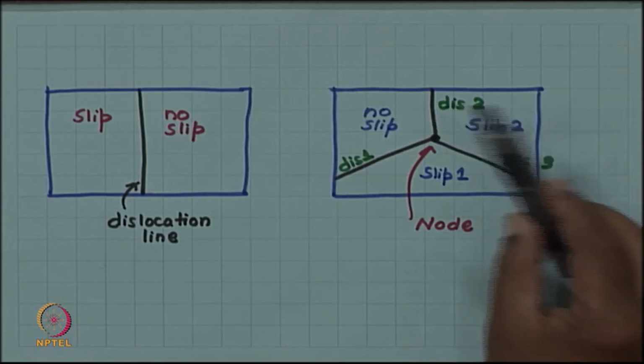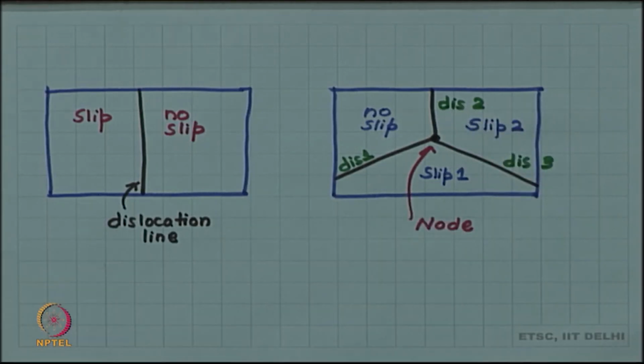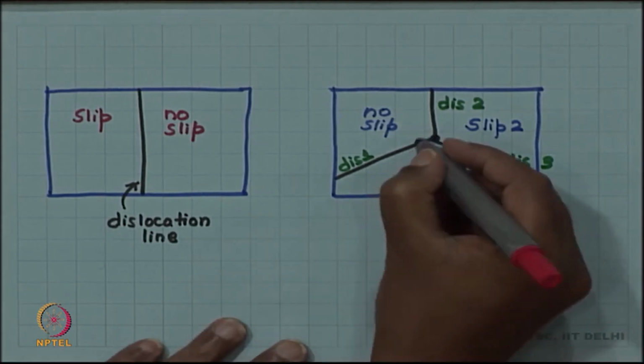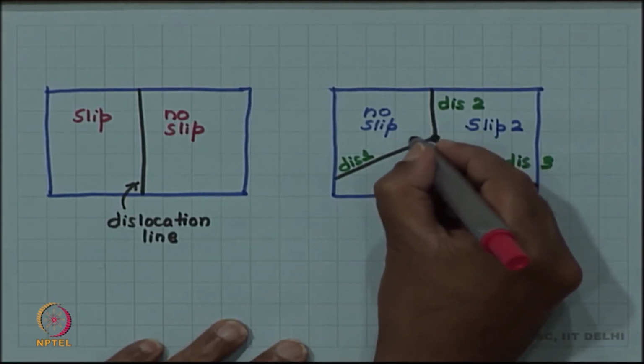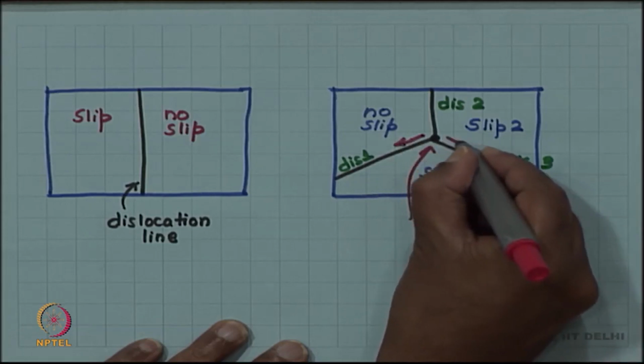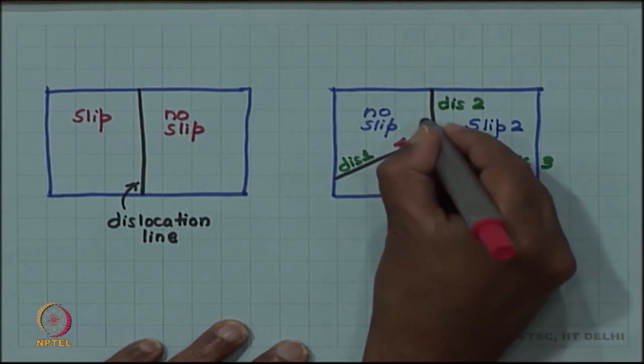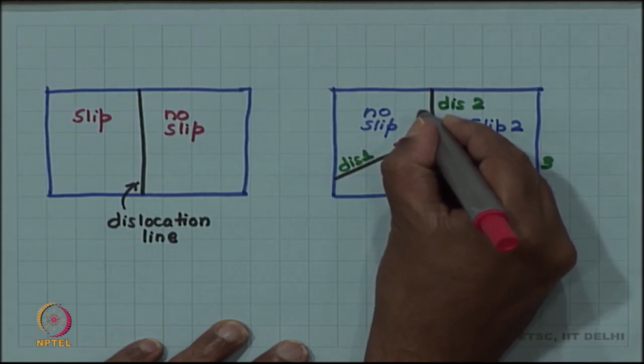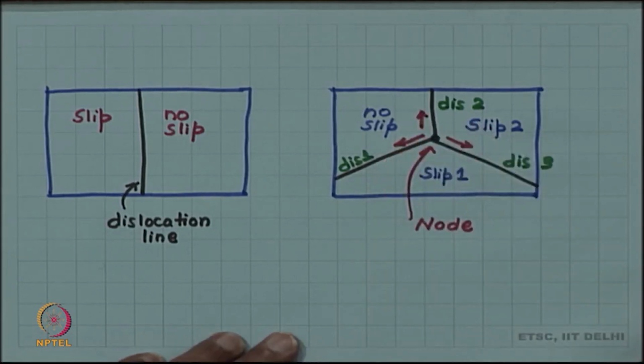And corresponding to these slips, all these lines will have Burgers vectors, as you know, and the Burgers vector, according to our convention, also depends on the line vector. So, the convention for the node is to take all the line vectors going either out of the node or coming into the node.